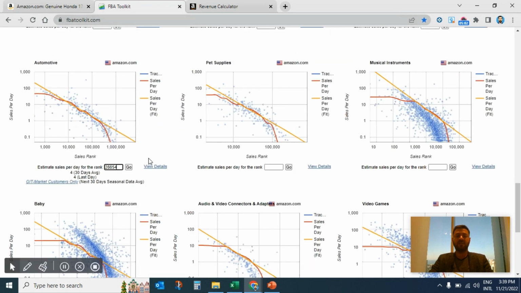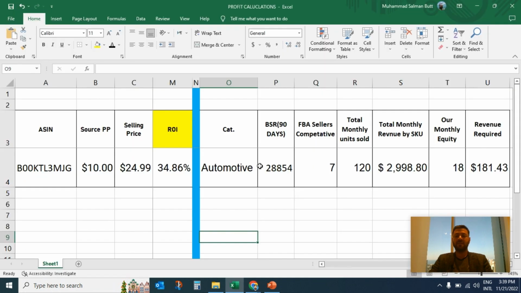I will just go to the FBA toolkit, and I will enter here the 90 days BSR, and I got 4 average daily sales. So for its monthly sale, it will be 120 units per month.